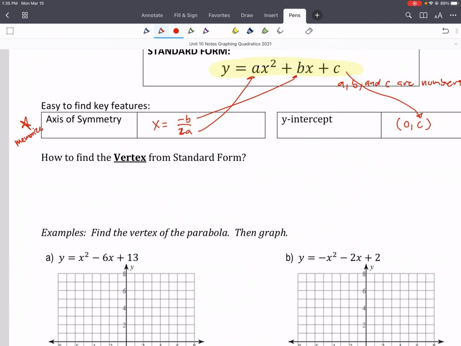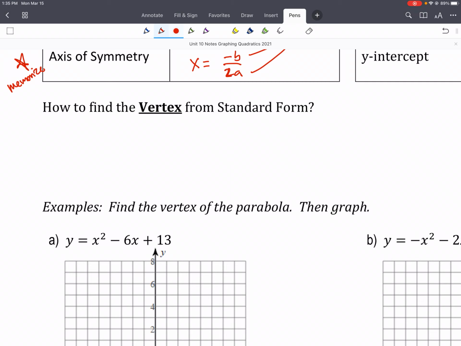Well, again, if we were to graph a parabola, something like this, and if we were able to find the axis of symmetry, the vertex is on that line. We just need to figure out what the axis of symmetry is. We already know what that is, we have the equation for that.